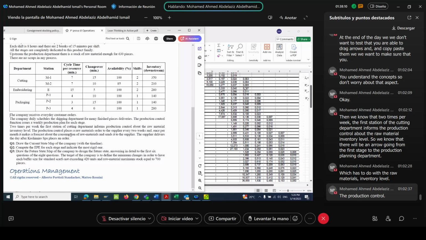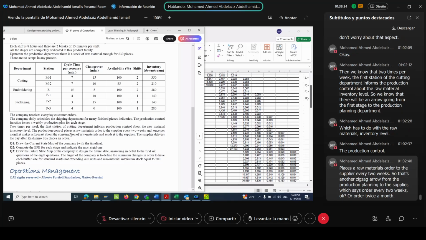So that's another zigzag arrow from the production planning to the supplier, which says order every 2 weeks, or order twice a month. And they also send a monthly forecast. So another zigzag arrow that says raw material monthly forecast, or monthly forecast, okay?